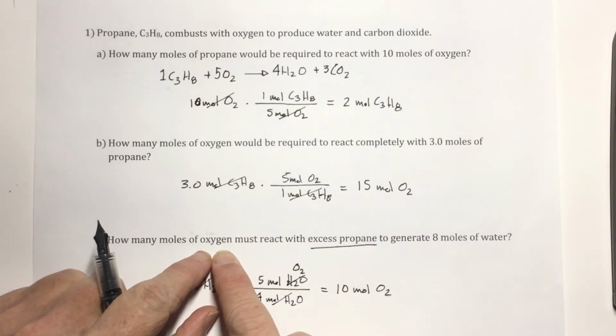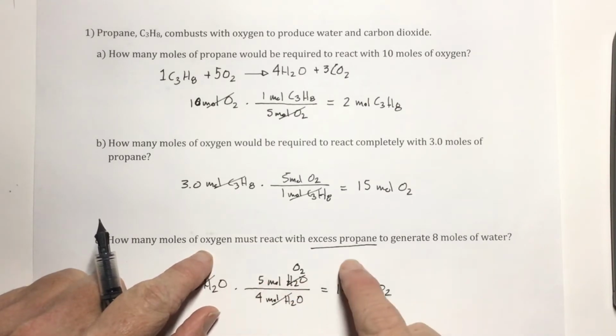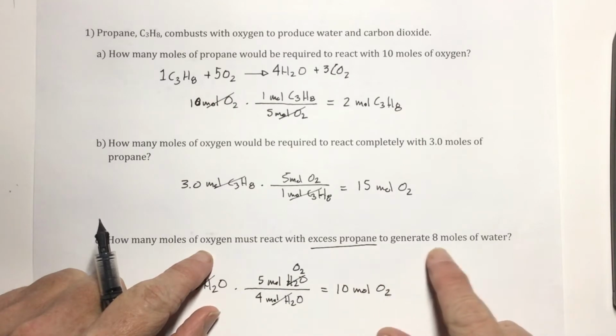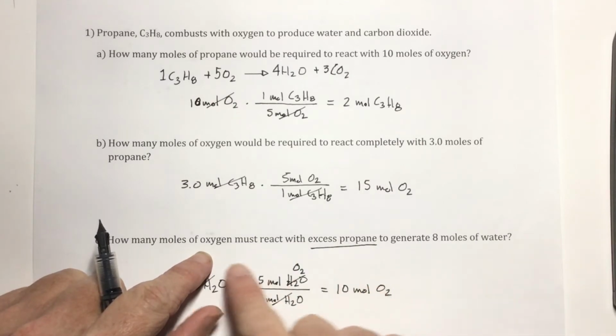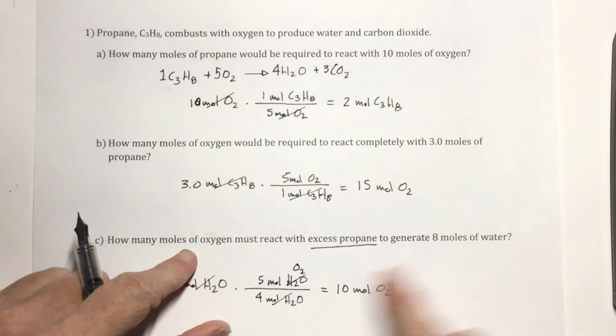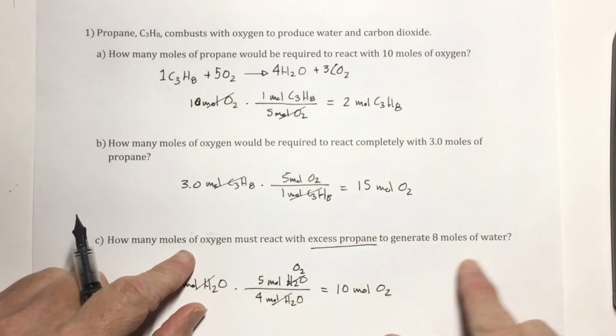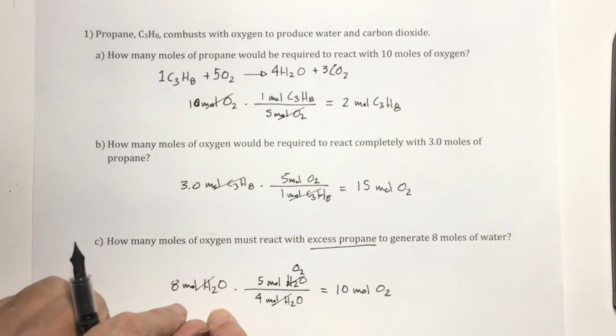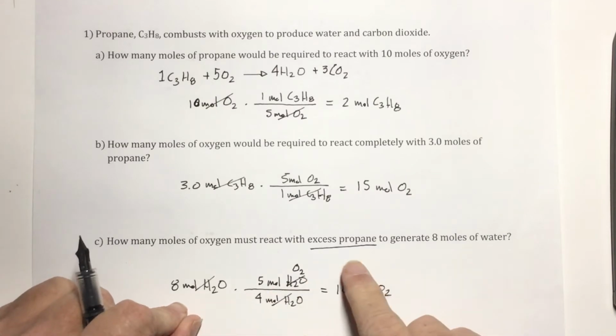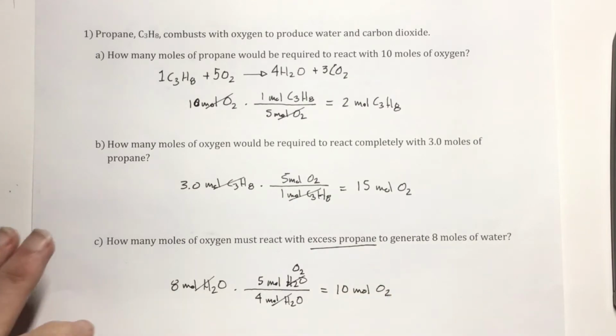And conversely, if I had only a little bit of oxygen and all the propane I needed, I still wouldn't generate 8 moles of water. So this is saying that if I run through this experiment and generate 8 moles of water, how much oxygen must I have used? And this is without regard to how much propane I used. I don't care. That's why it says excess propane. I have all the propane I possibly need.